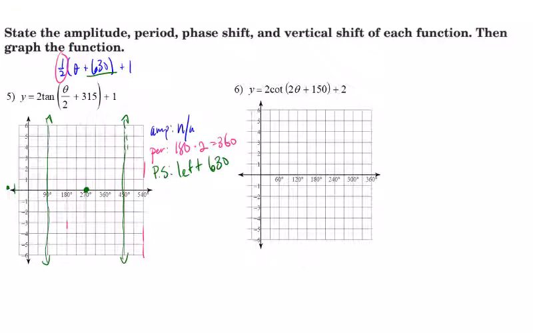All right. And then remember that it moves up 1. I don't know about remember because we didn't talk about that yet, but it moves up 1. So that's a vertical shift. So that'll be the new midline. It will be up 1.